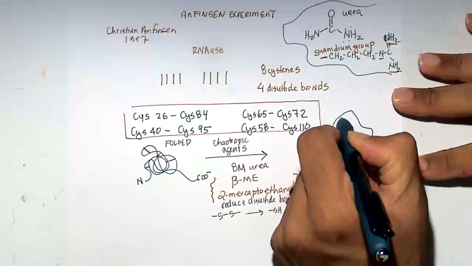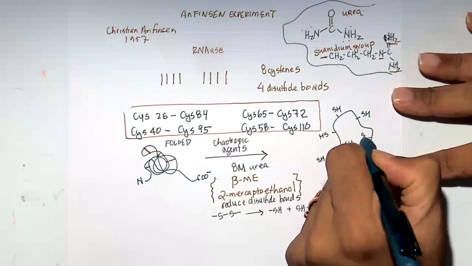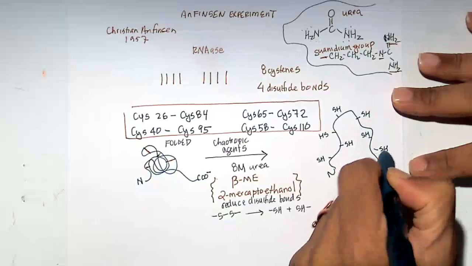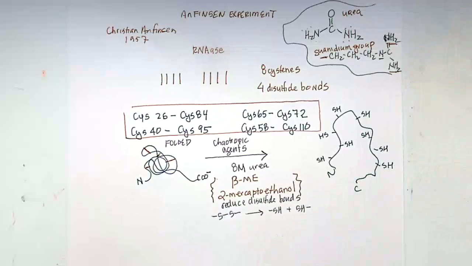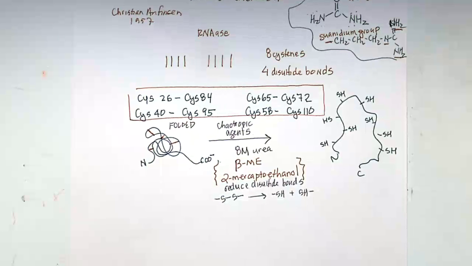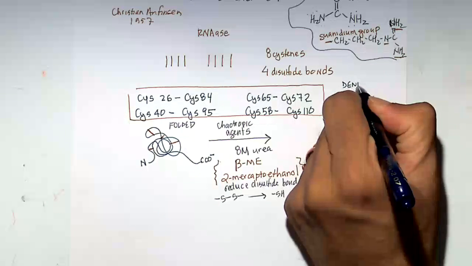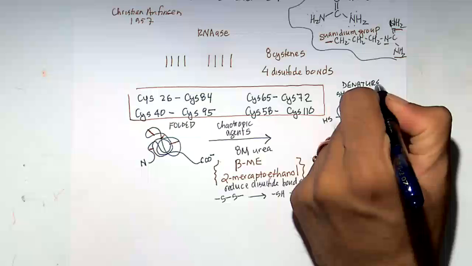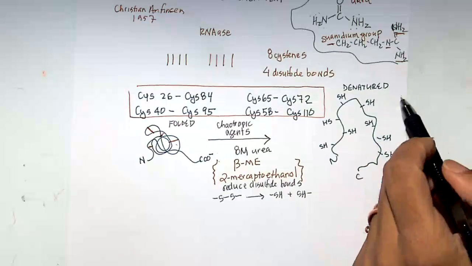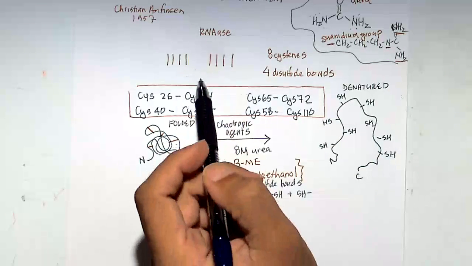Reduced. 1, 2, 3, 4, 5. So we're going to call this a denatured protein. Folded, unfolded. Folded, denatured.